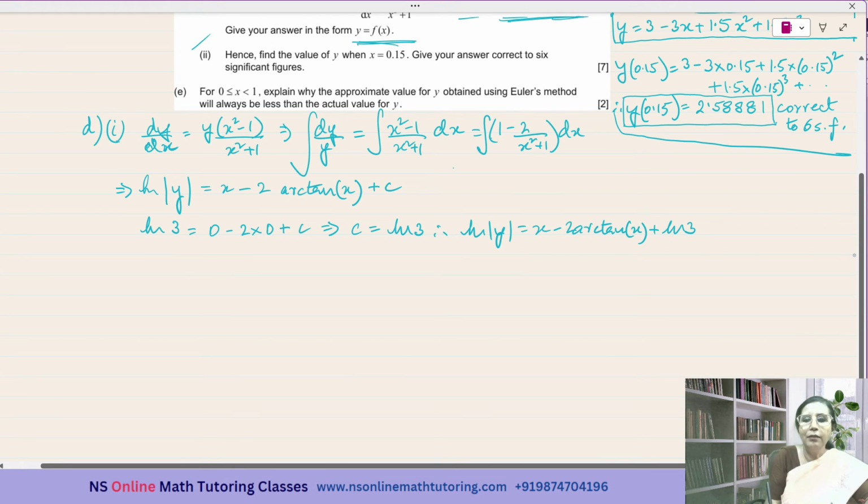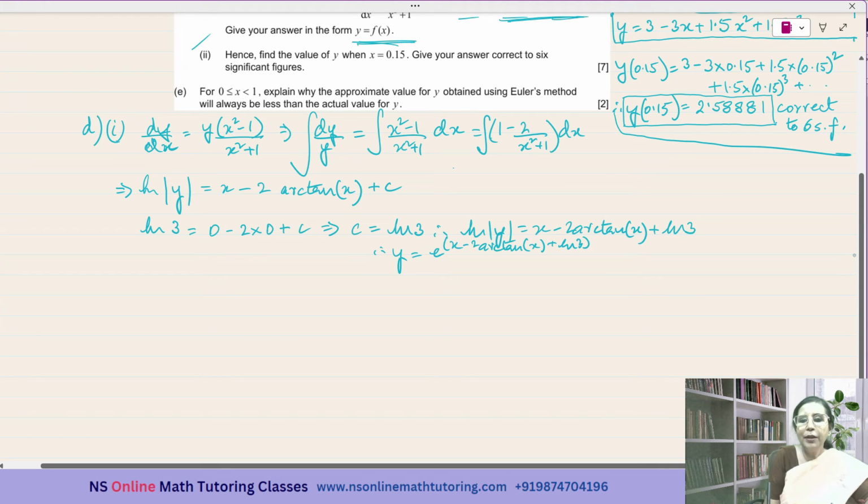So therefore, I can write y is equal to, I am changing to exponential form, e to the power of x minus 2 arctan of x plus ln of 3.